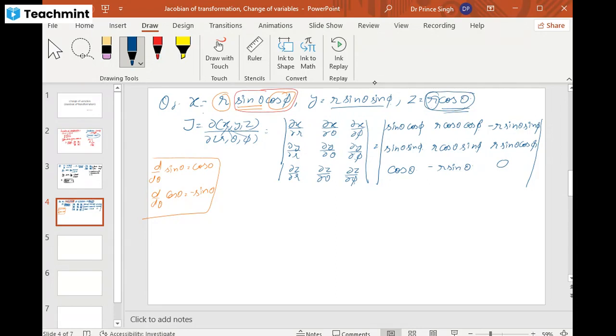So now we need to expand this determinant. We need to expand through the third row because one of the terms is already 0. Let us expand through the third row. So firstly, we can write it as cos theta into this: r cos theta cos phi into r sin theta cos phi.